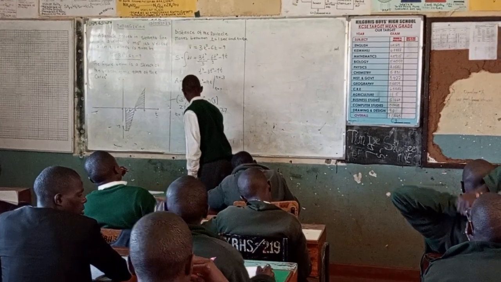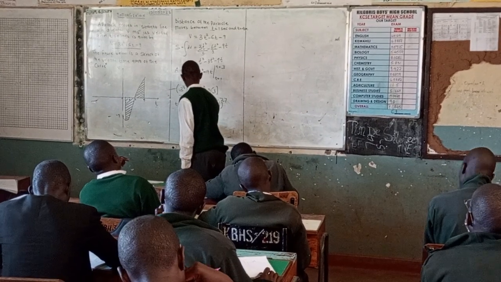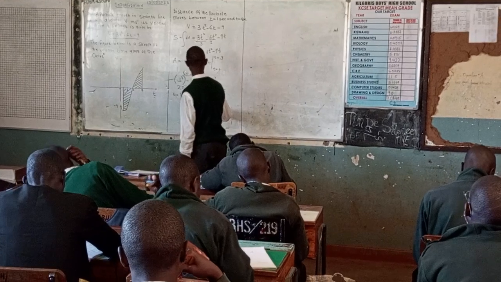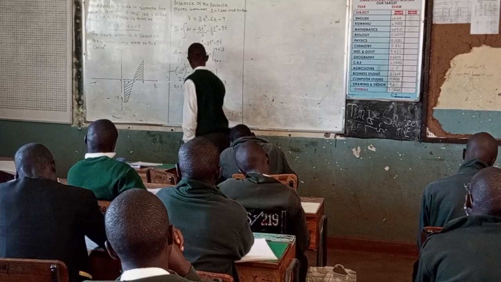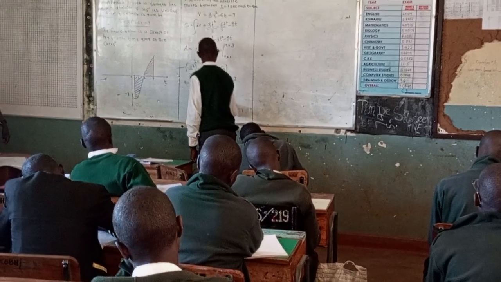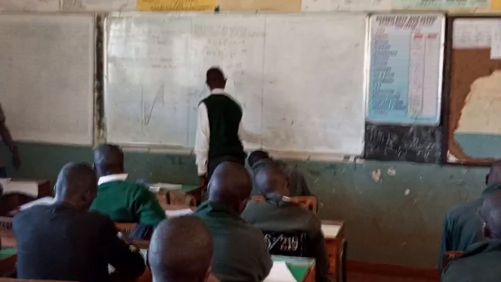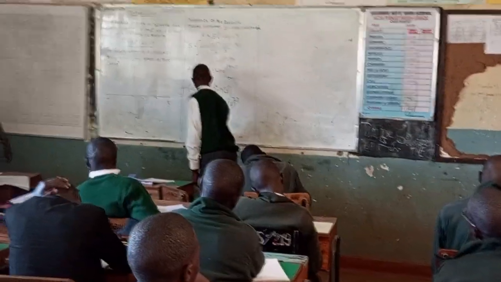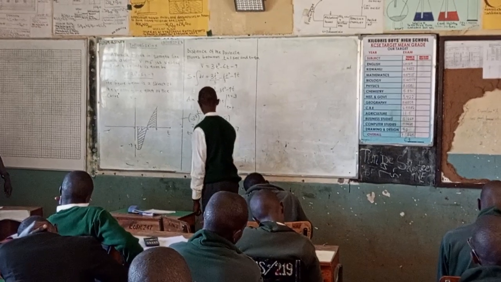So we get 1 to the power 3, 1 minus, we have 1 squared, we have negative 3, and we have 1. So it will become 3 minus 9 times 1, negative 9 times 1 we have. So we have 1 minus 3 minus 9.